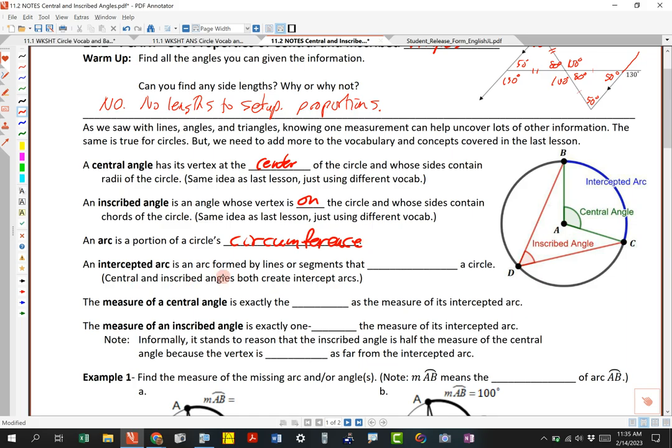An intercepted arc is formed by lines or segments that intersect or intercept the circle. Either way would be fine. So both the central angle and the inscribed angle cut out a piece of the circumference. We call that an arc.